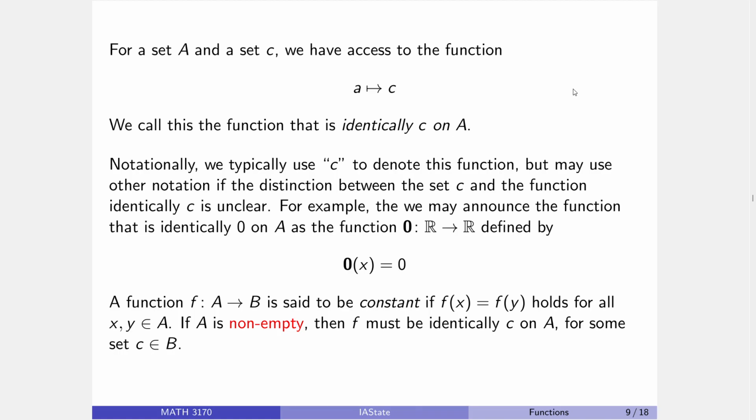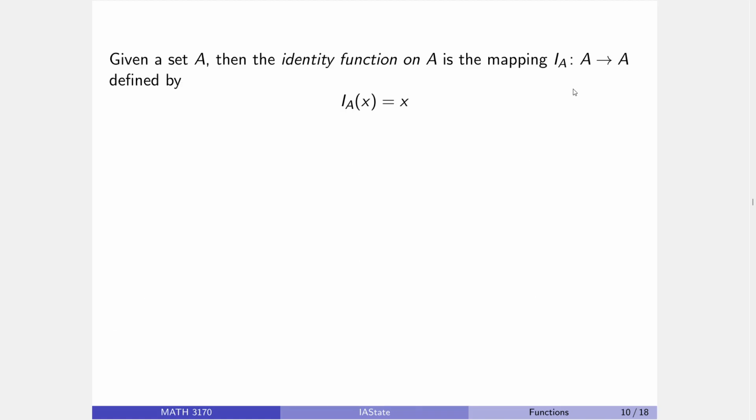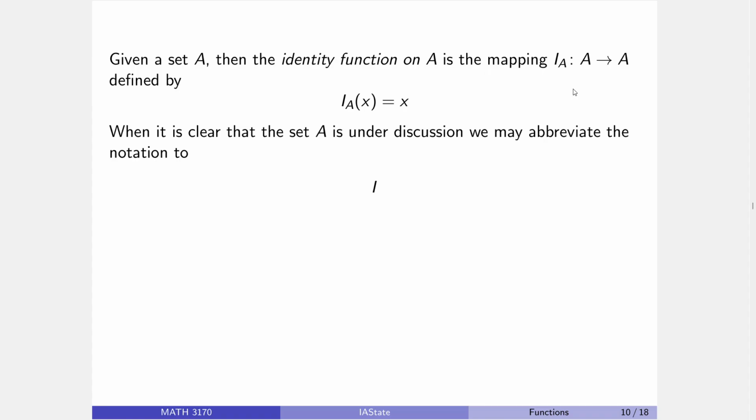Classic. Alright. Neat. Another function that we will frequently encounter is the identity, which is the give me inputs, don't do anything, just leave them alone. Notationally speaking, I like to use I sub A for this. Some people use ID, like ID sub A, to indicate it.